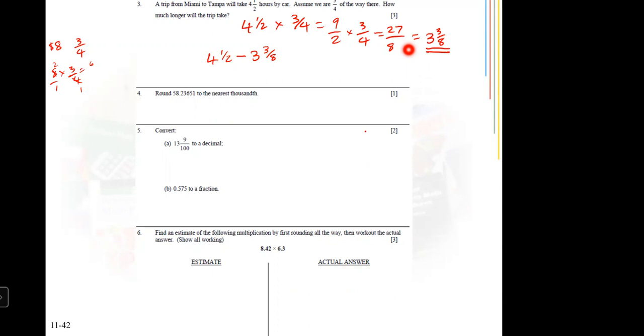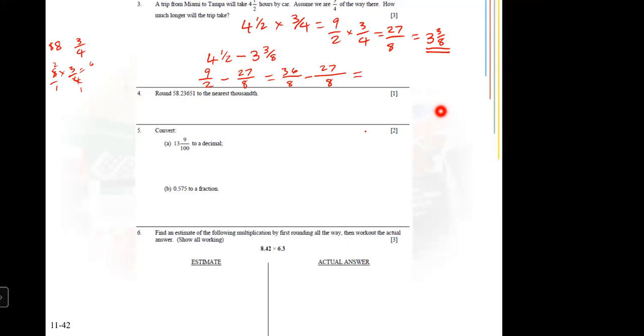If you want to convert them, that would be 9/2 minus 27/8. The common denominator is 8. So you're going to use 8. 8 into 2 is 4. 4 times 9 is 36. So that would be 36/8 minus 27/8.